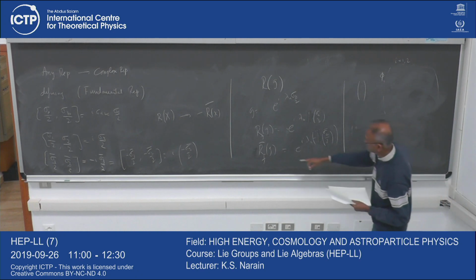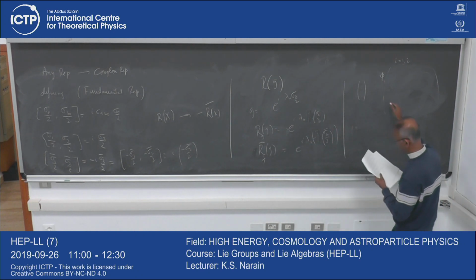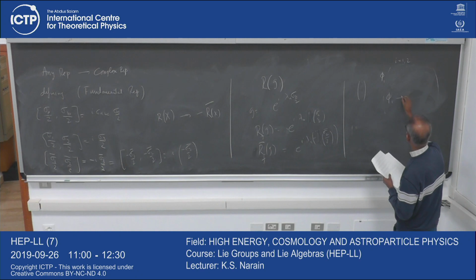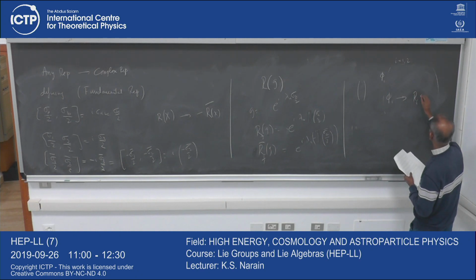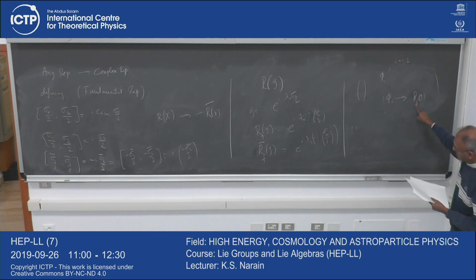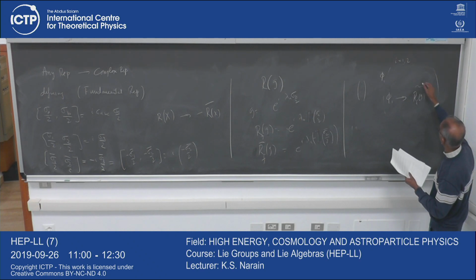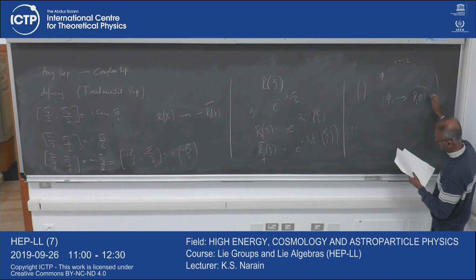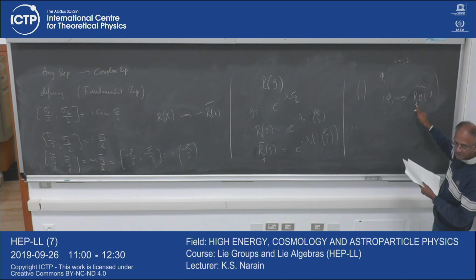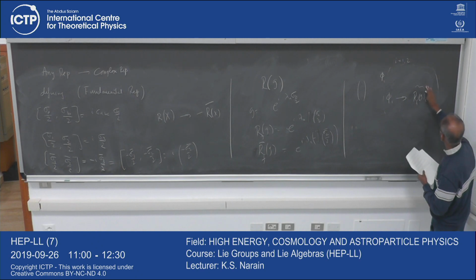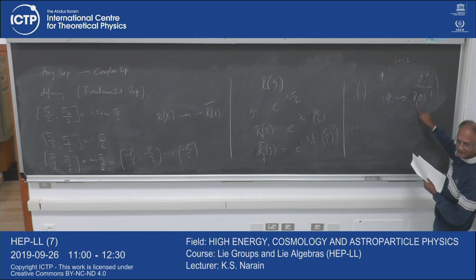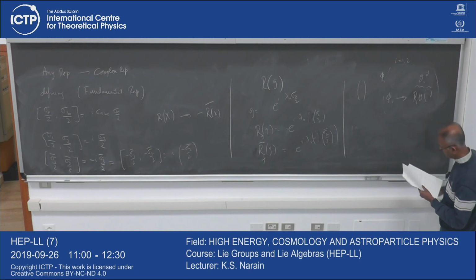And how does this transform under this object? So phi I will go to RF of G. In the notes, one has omitted this. In the notes, we have just written this as some Gij. But I'll just keep this to remember that it is the fundamental representation. So in the notes, this is written simply as Gij, but it's understood that this is the fundamental representation.